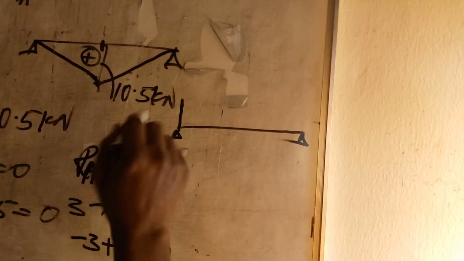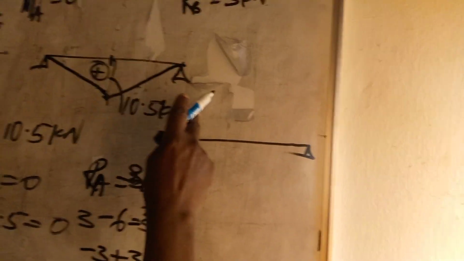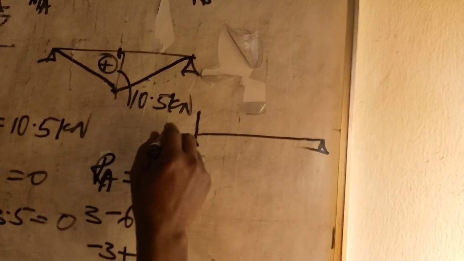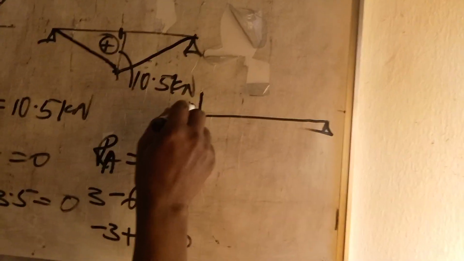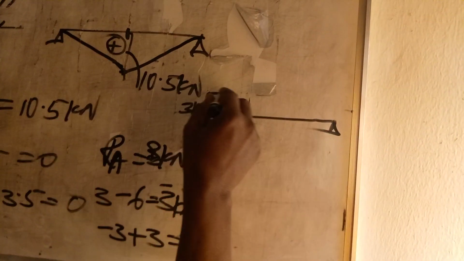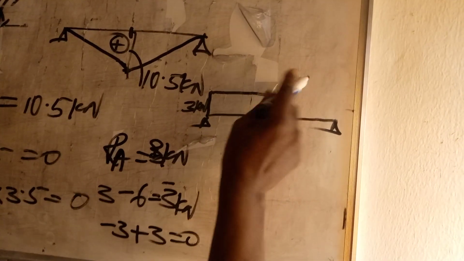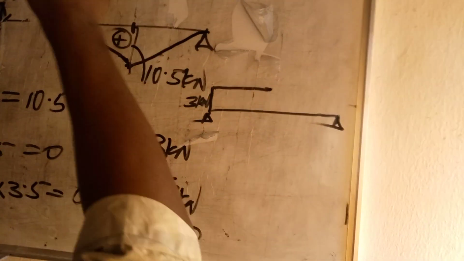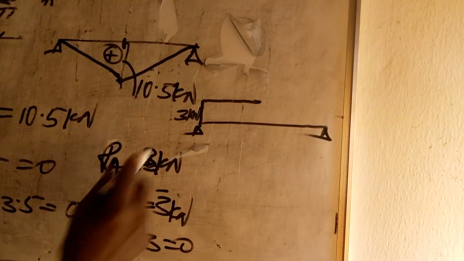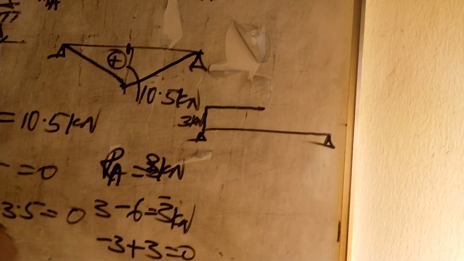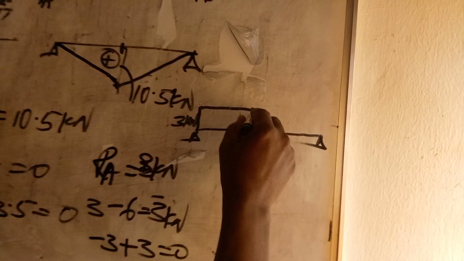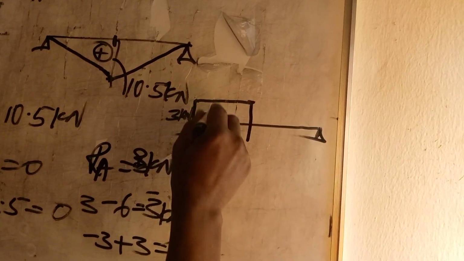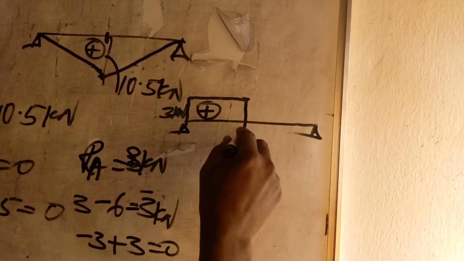From here, we have the value 3 kilonewtons, that's reaction A. It continued, and when it gets to the middle, we have 6 at point C. At point C, 3 minus 6 that is against it comes down to minus 3, because this place is positive.